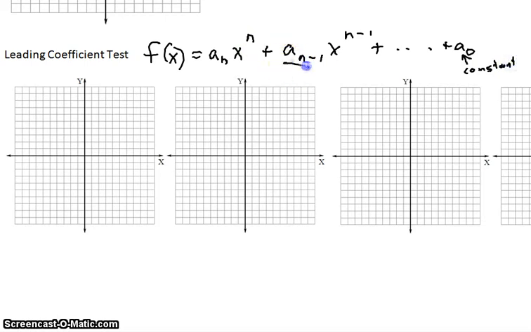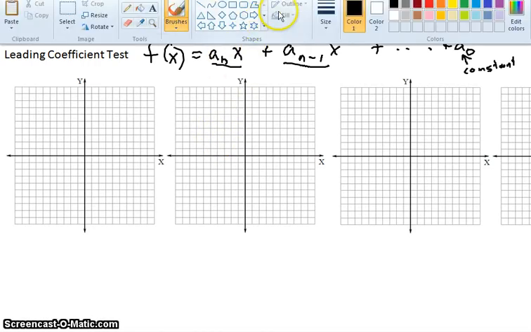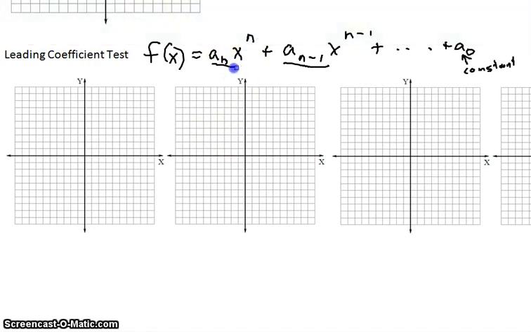So these right here are just ways for saying coefficients. And these are just exponents. Now there are certain things that are always going to be true regardless of what the function looks like. Regardless of what the function looks like, there's going to be certain properties that hold true based on a couple of things. First thing is the leading coefficient.